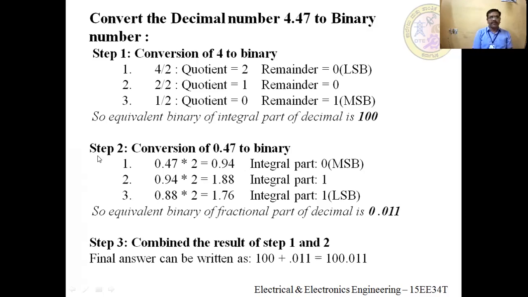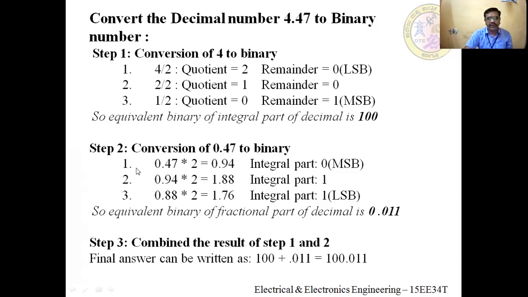So what is the importance of the second part? In the second part we have to consider 0.47. So 0.47 to binary, to the required base. For this one we are using the successive multiplication by 2 method.